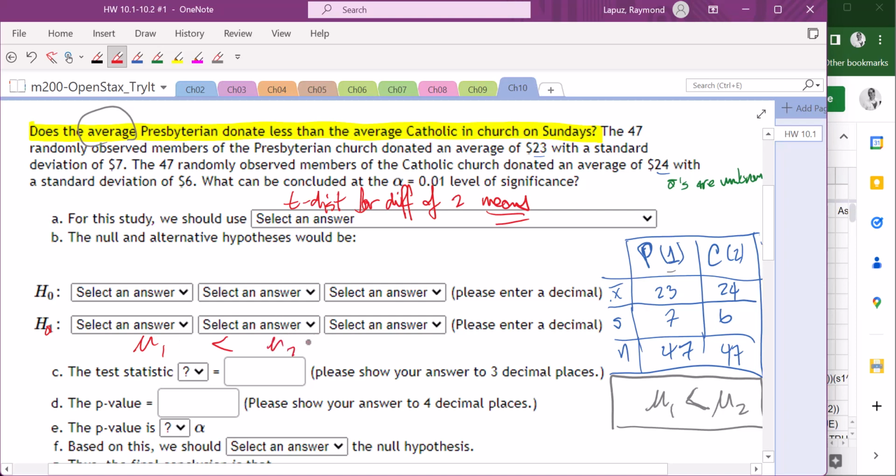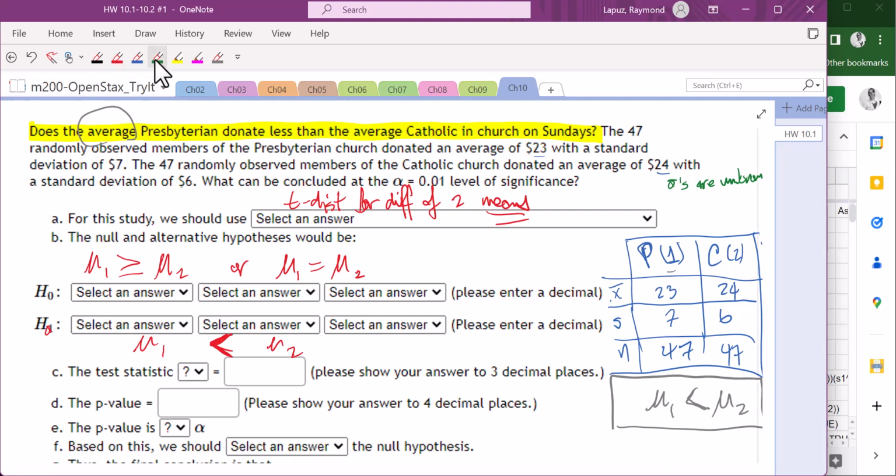So that means the null hypothesis, H0, we can either write as mu1 bigger than or equal to mu2, or we can simply write mu1 equals mu2, because we're really testing the equality and we're comparing it to something that's less than.